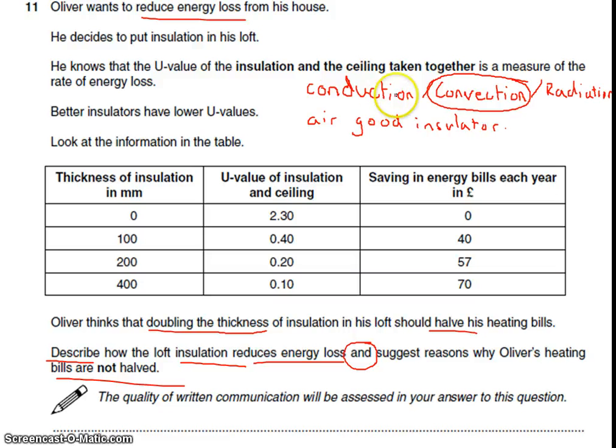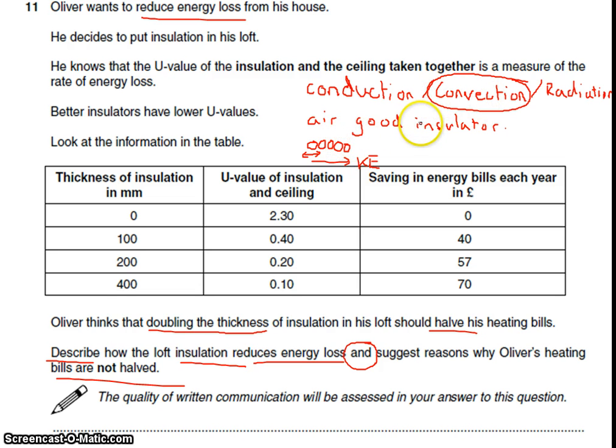Now when heat is lost by conduction, the way it happens is that the particles transfer their kinetic energy. So if I've got a row of particles in a solid, as I start to heat them up, they start to vibrate more forwards and backwards, and those vibrations pass kinetic energy down through the other particles. So that's an explanation of conduction.